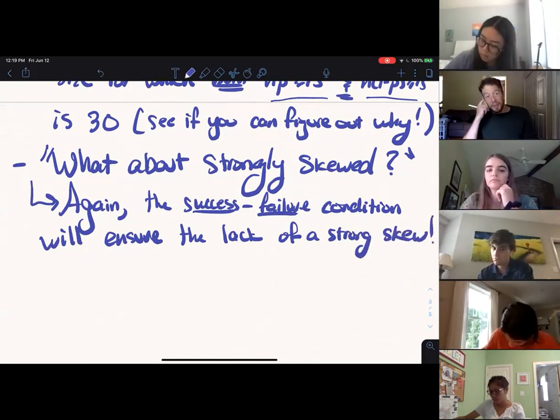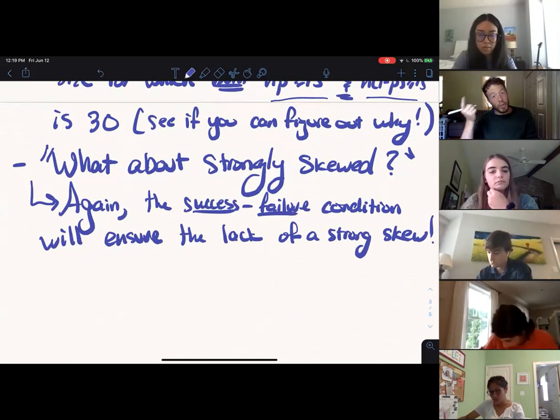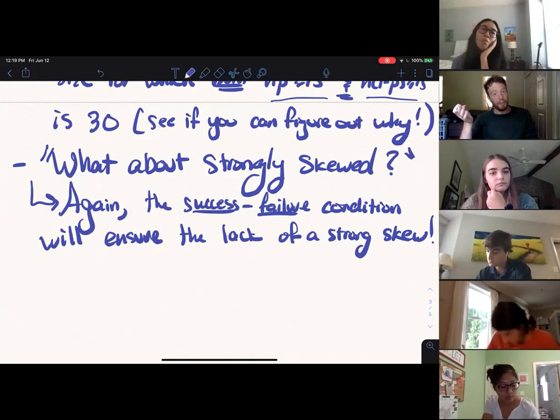So again, this interesting new condition, this thing I've called the success failure condition, actually implicitly does the last two things that we usually check for when it comes to checking normality for inference, right?